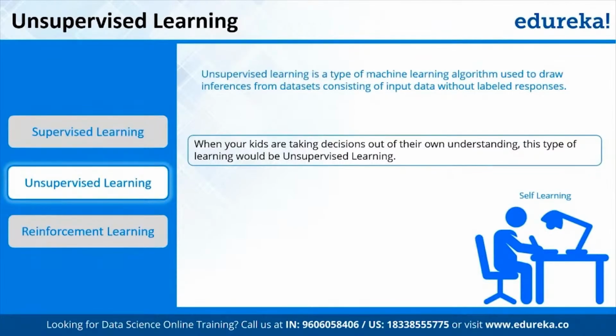Now you are interested in creating groups based on user preferences. Do you think historical data will help? No, because the preference can change. So that's nothing but unsupervised learning, where you will not be given the historical data. Kids are taking decisions out of their own understanding. This type of learning would be unsupervised learning.